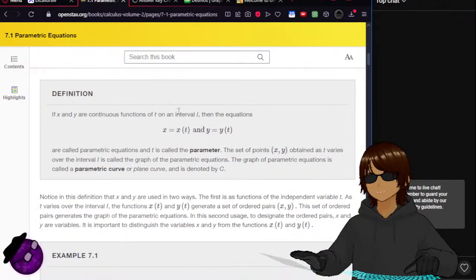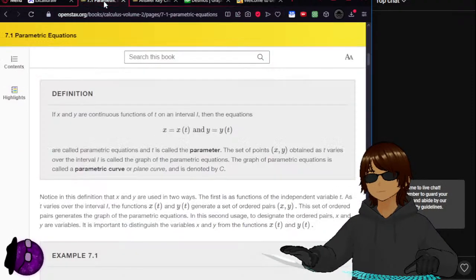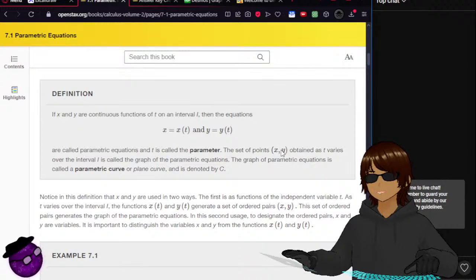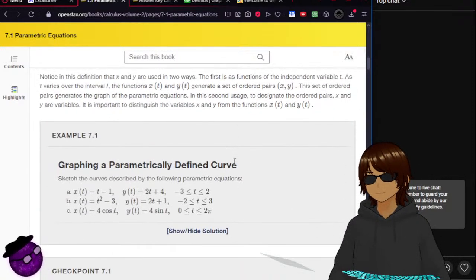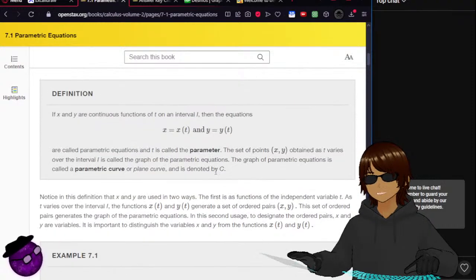If x and y are continuous functions of t on an interval I, then the equations x(t) and y(t) are called parametric equations, and t is a parameter. The set of points (x, y) obtained as t varies over the interval I is called the graph of the parametric equations. The graph of parametric equations is called a parametric curve or a plane curve and is denoted by C.